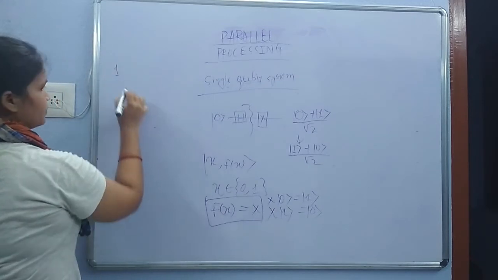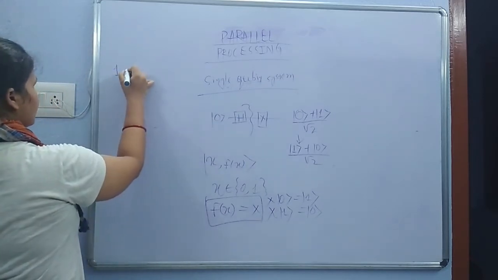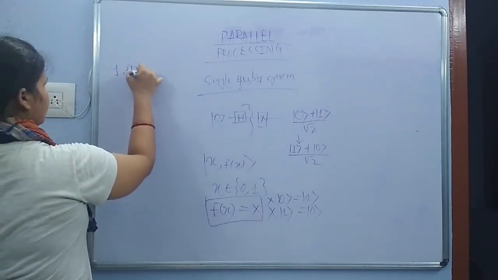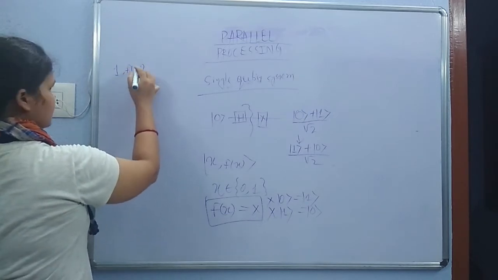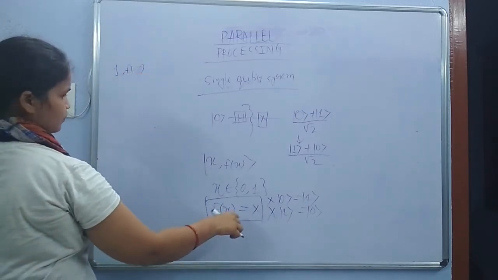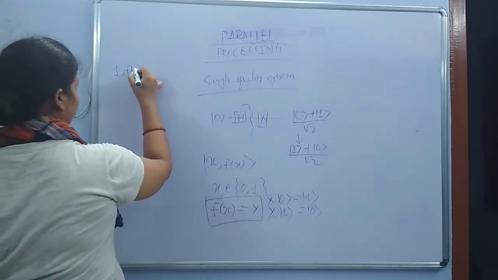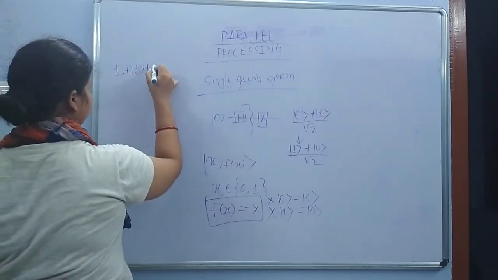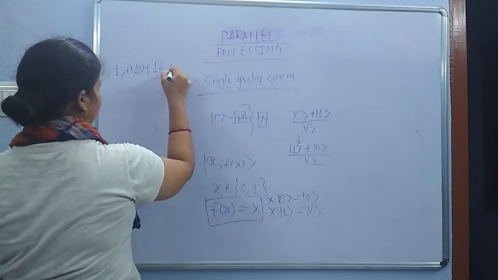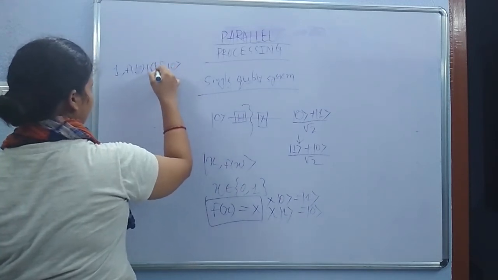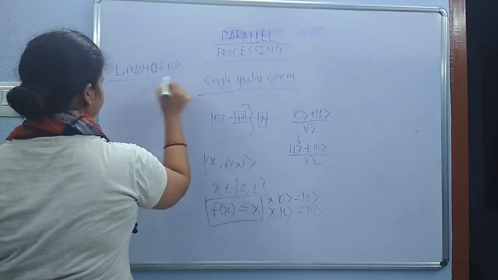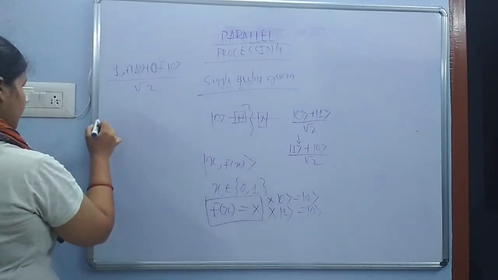So it becomes 1, x as x belongs to first 0, then 1 plus 0, right, divided by root 2.